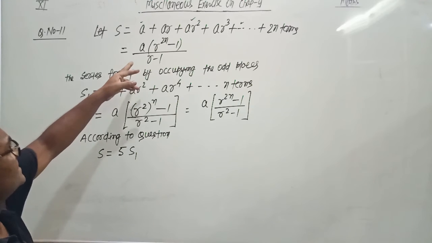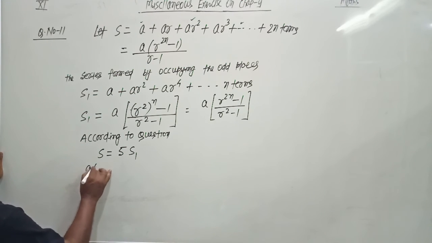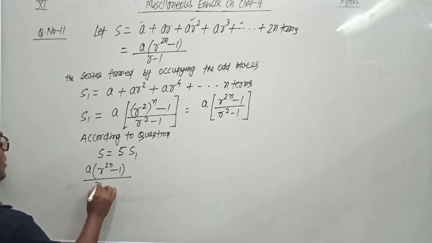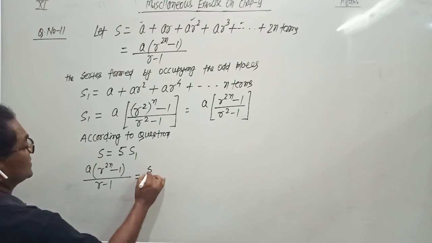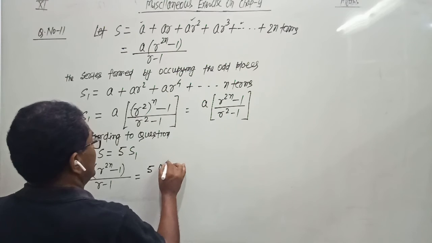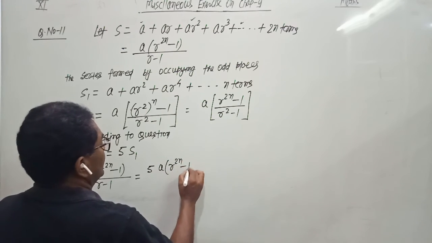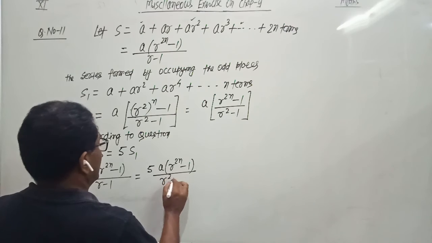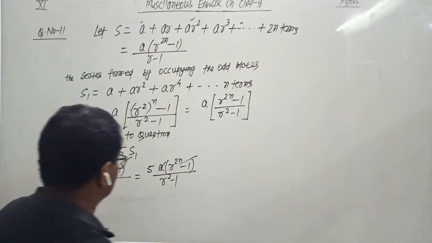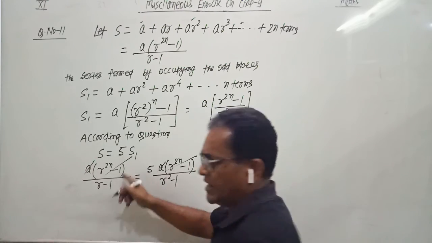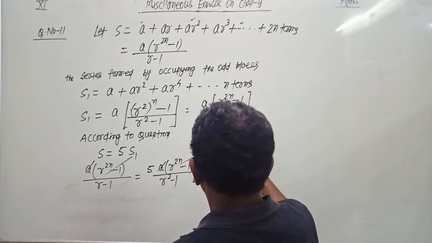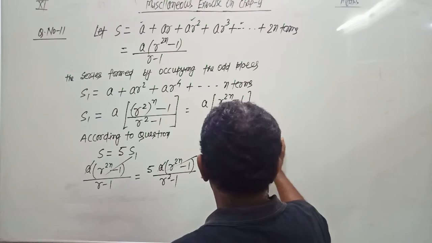The value of S is a into r raised to the power 2n minus 1 upon r minus 1, equals 5 times S1, where S1 is a into r raised to the power 2n minus 1 upon r square minus 1. a gets cancelled, r raised to the power 2n minus 1 is cancelled, and on the left side it remains 1 upon r minus 1 equals 5 upon r square minus 1.